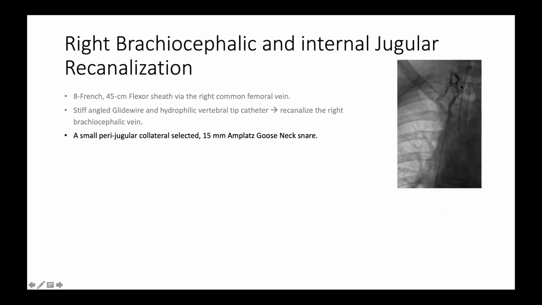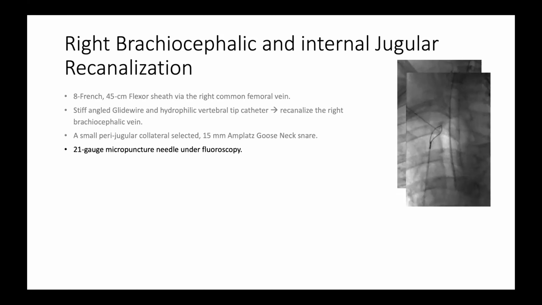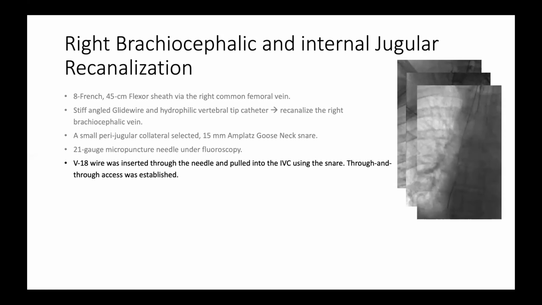So then we exchanged that catheter to an Amplatz 50 millimeter gooseneck snare. Fluoroscopically targeted that snare with a 21 gauge micropuncture, passed the V18 wire through that and snared it down through the IVC.